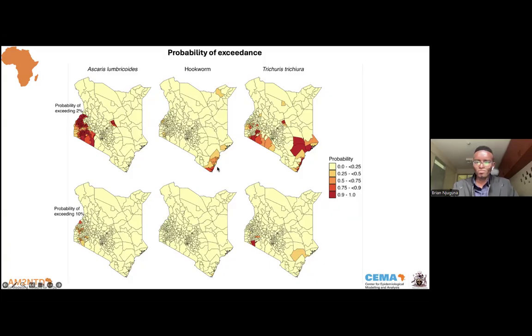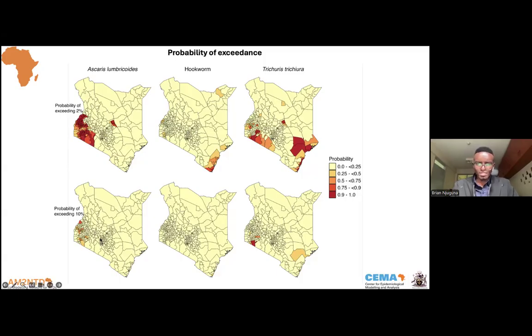And then for Hookworm, mostly it was areas in the coastal regions, and we can actually get the specific sub-counties or the wards that had this high probability. And then for Trichuris, of course, we can see the areas that had this high probability of exceeding 2%.